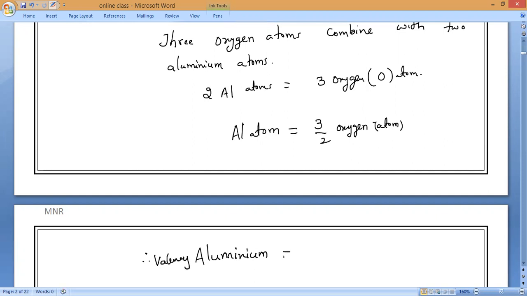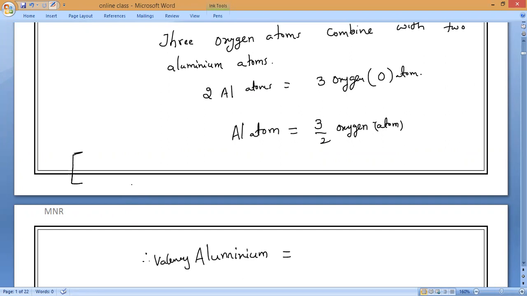Here I want to state one point, and you write it. The valency is twice the number of oxygen atoms combining with one atom of an element.